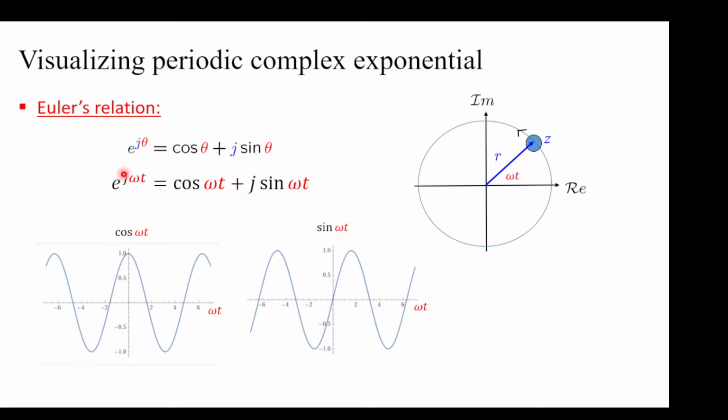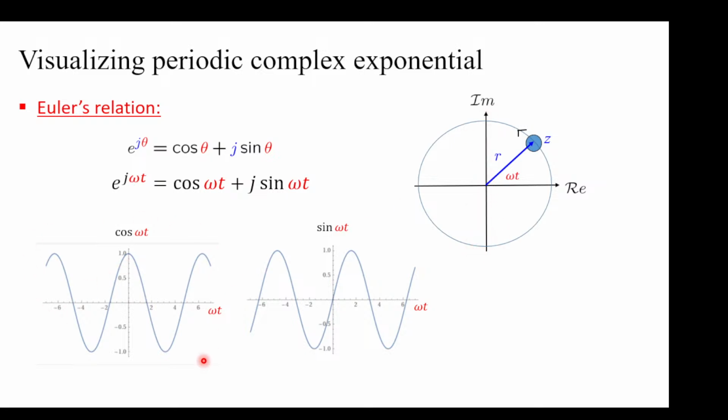You apply this to your e to the j omega t, then you see e to the j omega t is cosine omega t plus j sine omega t. So you can plot the real part and the imaginary part of your e to the j omega t. So you can also see it on a plane. This e to the j omega t point is running on a circle, and the real part will oscillate back and forth as cosine omega t, and the imaginary part will oscillate back and forth as sine omega t. Sine oscillates like this. When omega t equals 0, it starts from here, then goes up, goes down, and comes back.